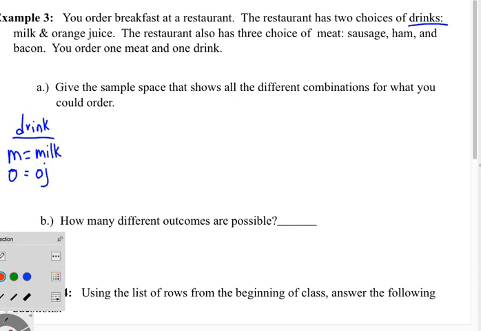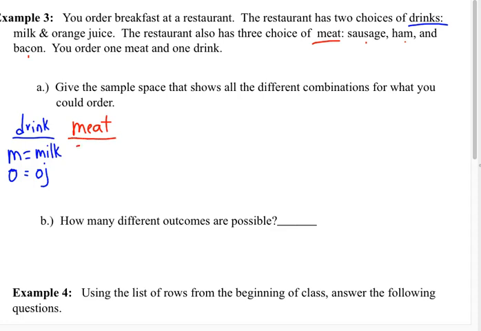So we're going to have a choice of meat. And that can be sausage, ham, or bacon. So let's put our meat down. That's going to be S for sausage, an H for ham, and a B for bacon.